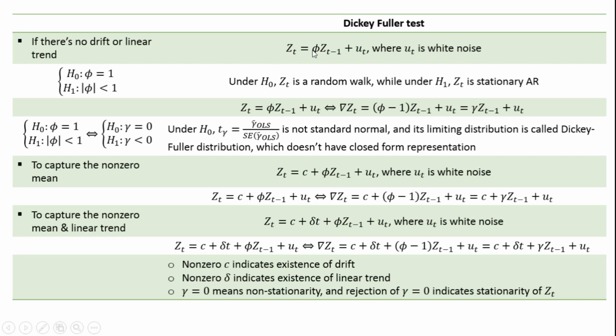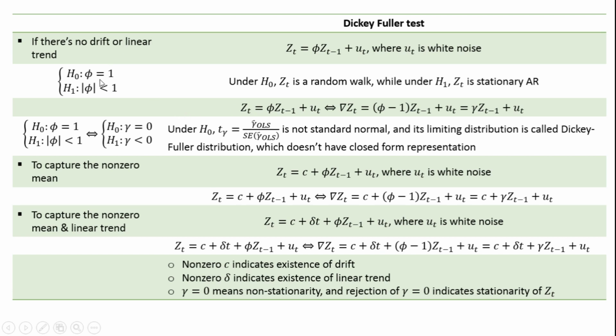So zt equals phi zt minus 1 plus another error term, which is a white noise.